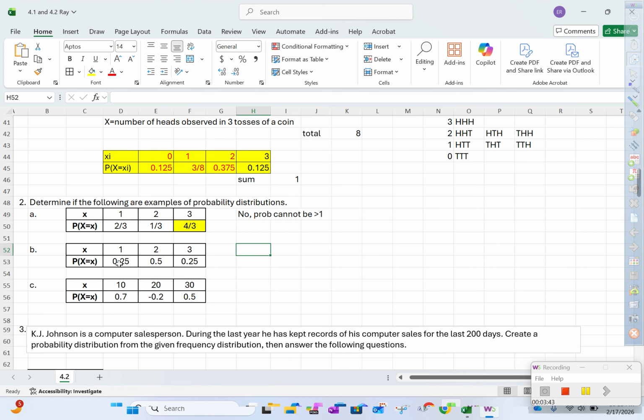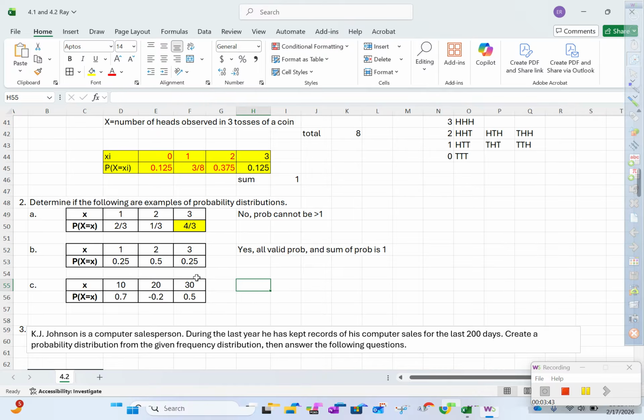This next one, all of our individual probabilities are good. We have different separate outcomes. So the only thing we have to check is that these actually add to 1, and they do. So this one is a yes. So all valid probabilities, and the sum of the probabilities is 1.